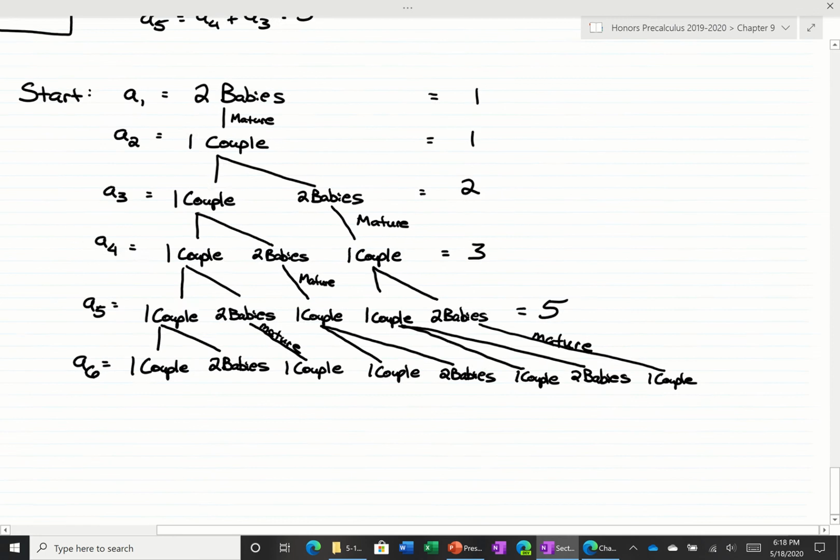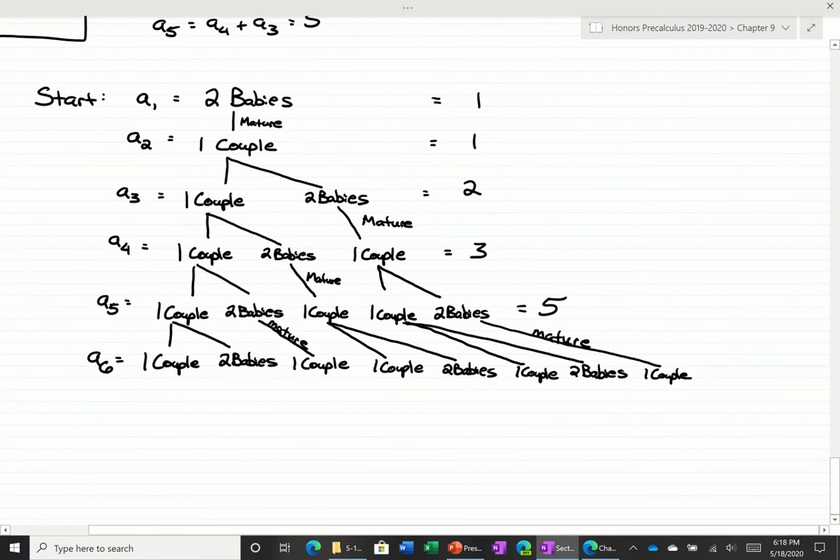So if we count out the total number of couples here, we have 1, 2, 3, 4, 5, 6, 7, 8. So 8 is actually the number we get from the previous 2 years added together. And that's where the Fibonacci sequence comes from.